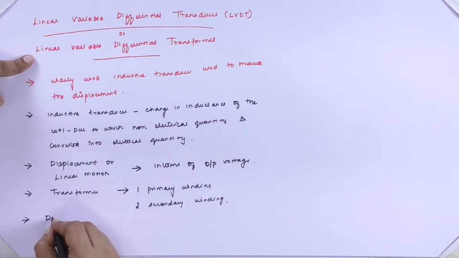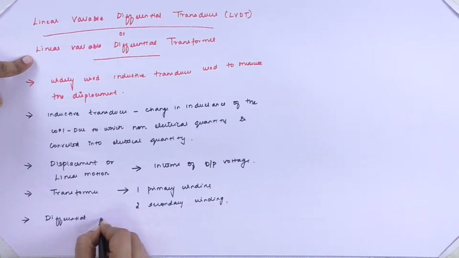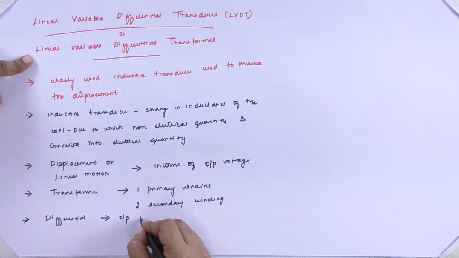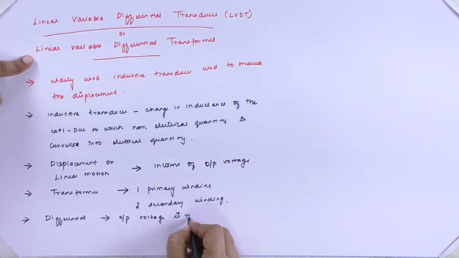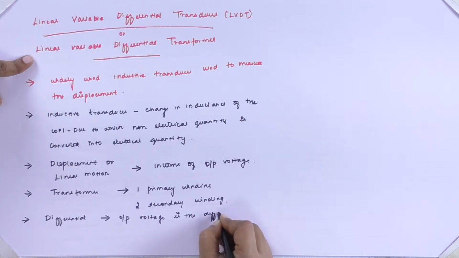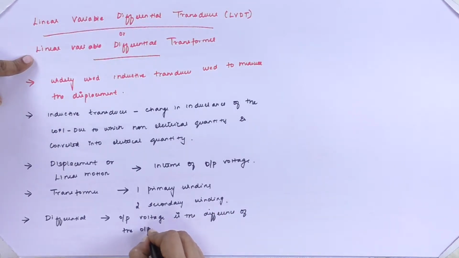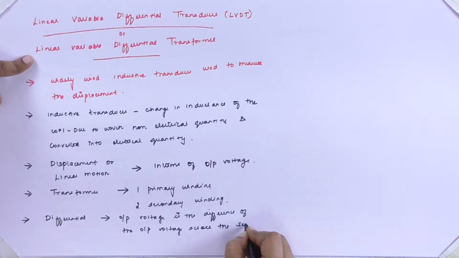Why we are calling it differential is that the output voltage which we are getting is the difference of the output voltages across the secondary windings.